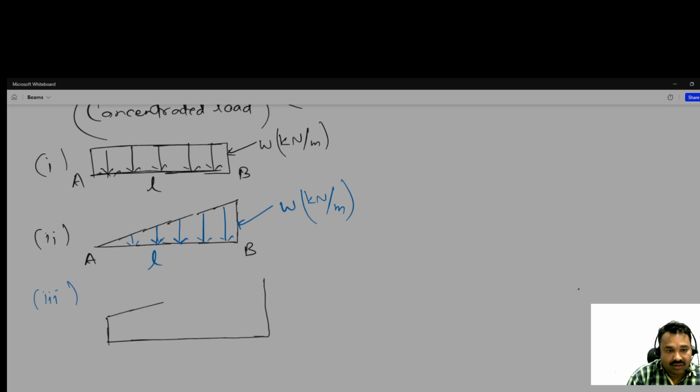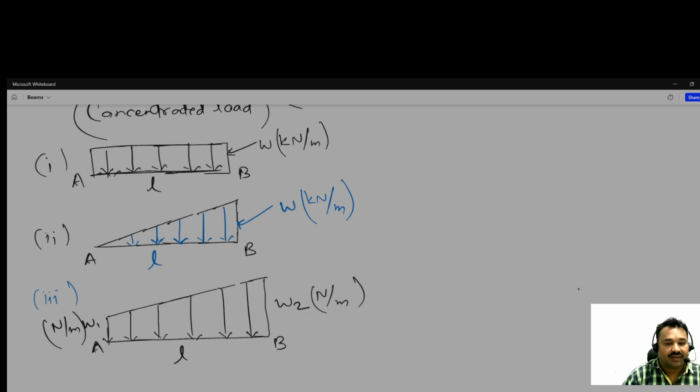It is a trapezoidal shape. And length is L, it is A, it is B, and suppose it is of W1, it is of W2, Newton meter. Okay, it is also Newton meter. Third one.